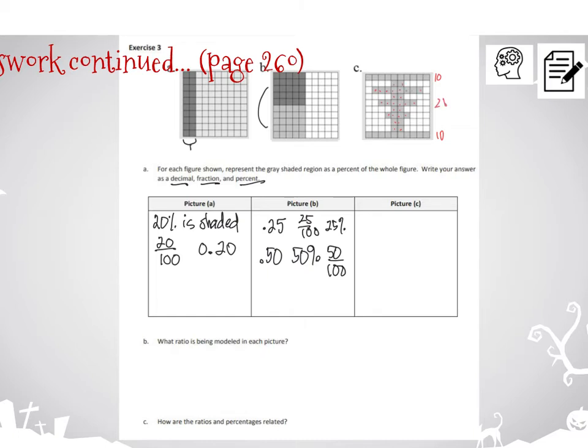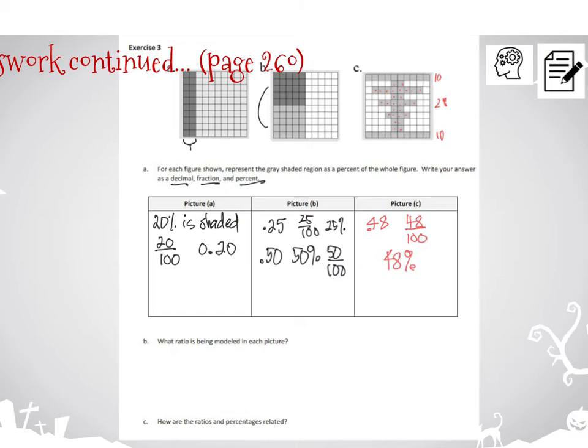So all those in between, I have 28. That's an 8. So 28, 38, 48. So I have 48 little units shaded gray. So that is 48 hundredths. I'm not reducing these at all. Or 48%. Oh my gosh. Okay, we can totally do this.